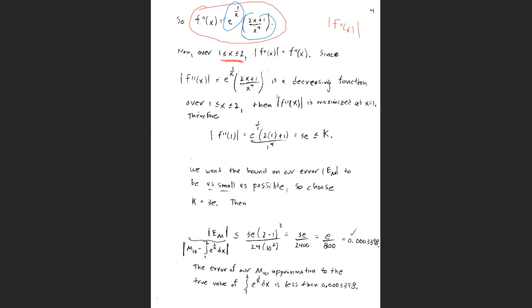So the absolute value of the second derivative is simply equal to the second derivative. And that is a decreasing function when x is between 1 and 2. If you were to graph this function, you would see that it's a decreasing function.